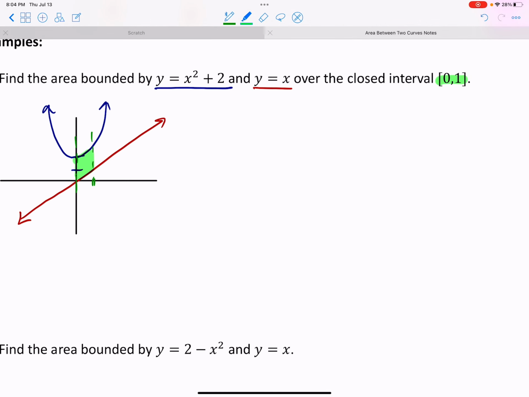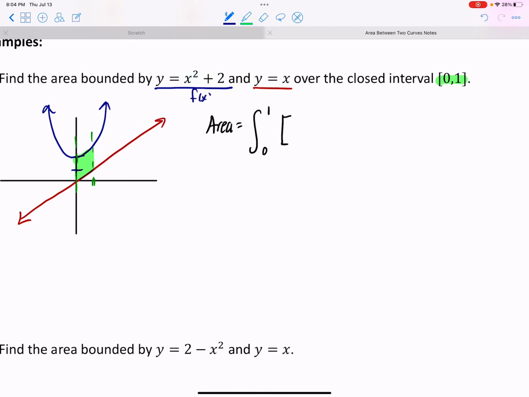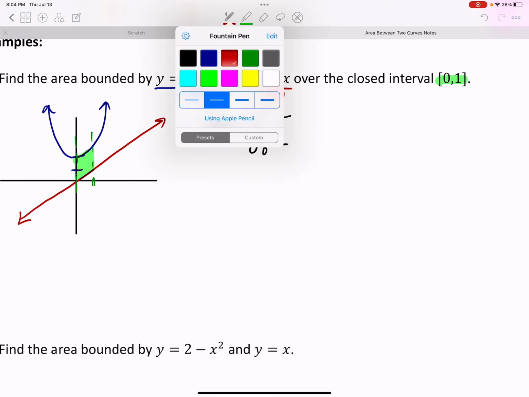So according to our formula, this area is going to be equal to the integral that starts at 0 and stops at 1 of the upper bound minus the lower bound. So in this case, the upper bound is f of x, that's higher, that's greater, and the lower bound, g of x here, is going to be x, so the quadratic is going to go first, the linear is going to go second in this difference.